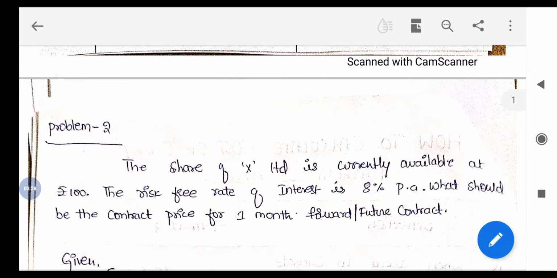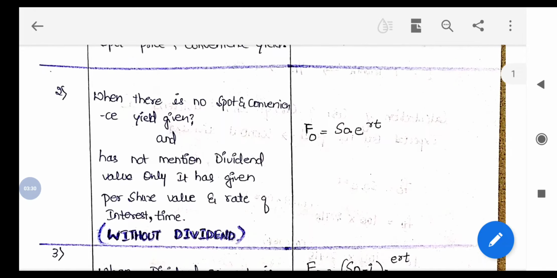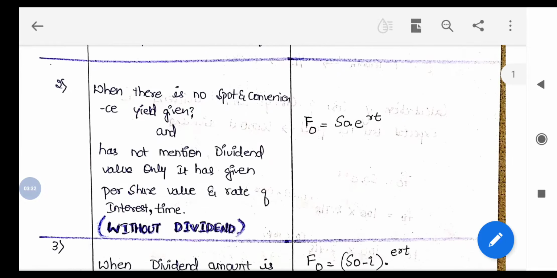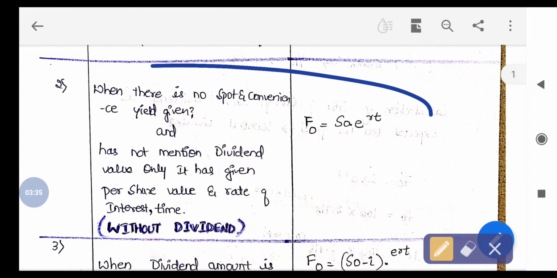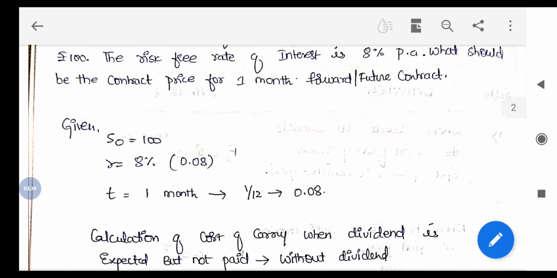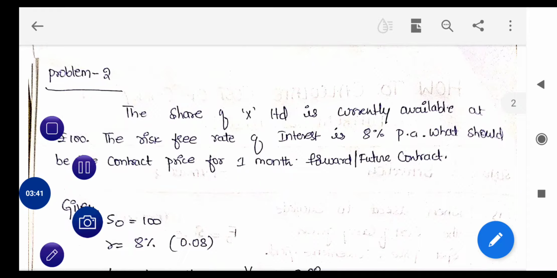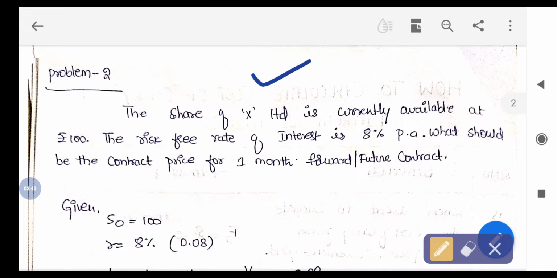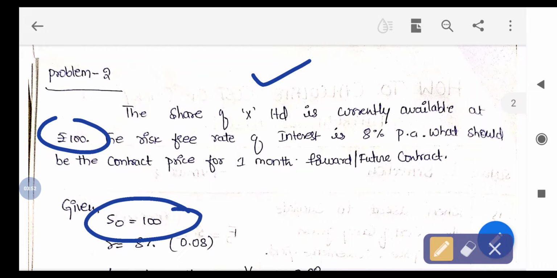So let's take one problem on the second situation. See the problem. The share of X Limited is currently available at ₹100. So the price of the share is 100 and the risk-free interest rate is 8% per annum.